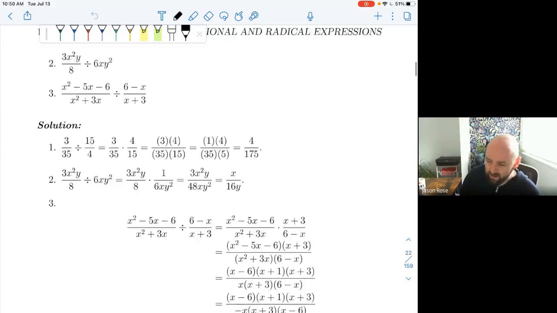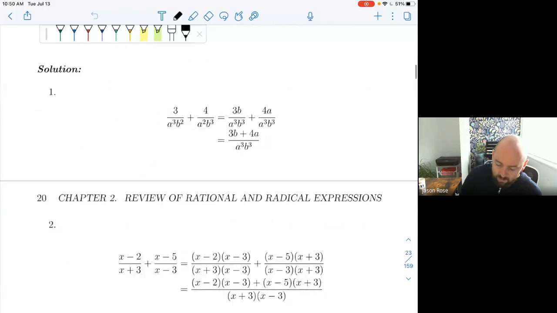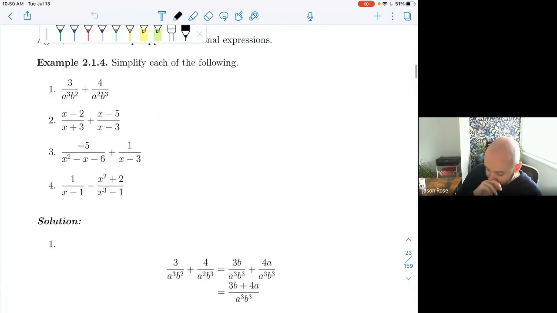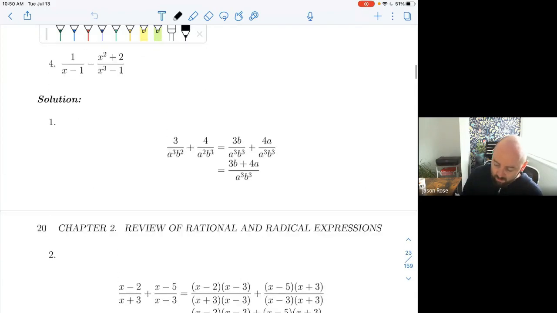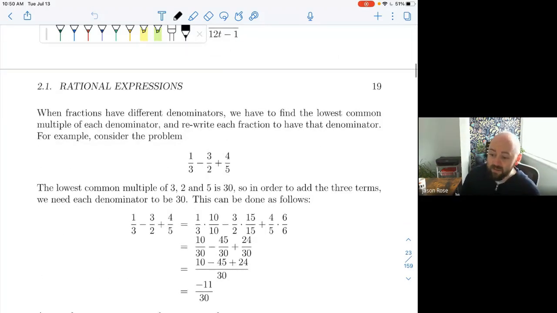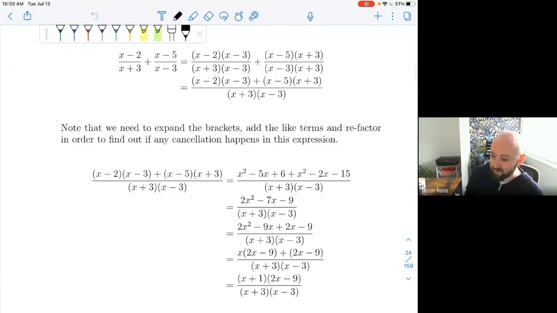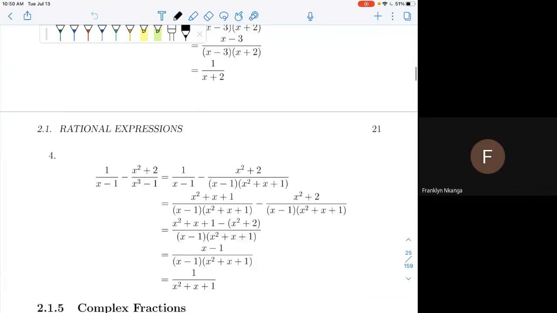With this one, the factoring and the questions get a little longer. I want to focus on the addition and subtraction. So some of the questions I took were from this part. What page is this? I can't even see the page number. Page 19. So you can find the solutions on page 20 if you just missed something here.